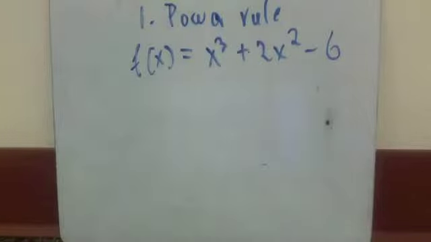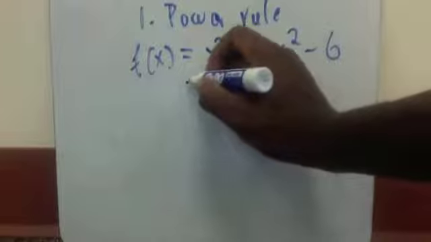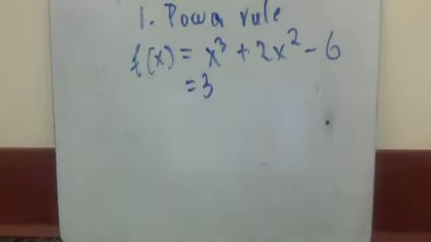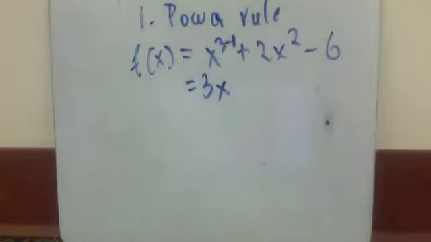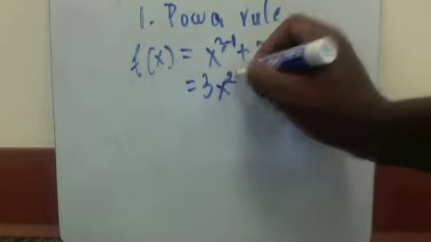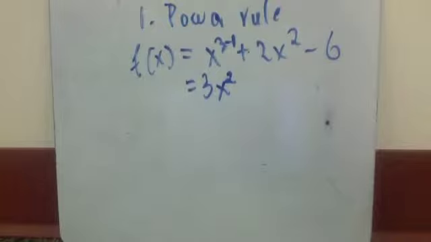So for x cubed, we bring down the 3, and we have 3x, and then subtract 1 from the 3. 3 minus 1 equals 2. So the derivative of x cubed is 3x squared.